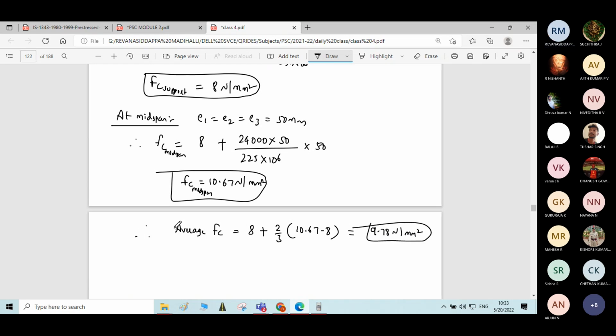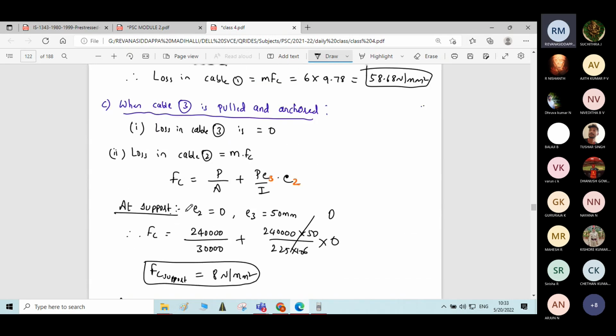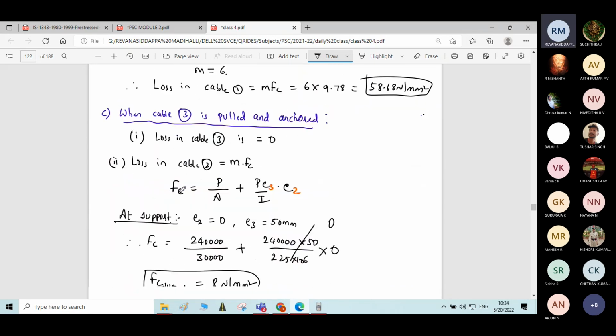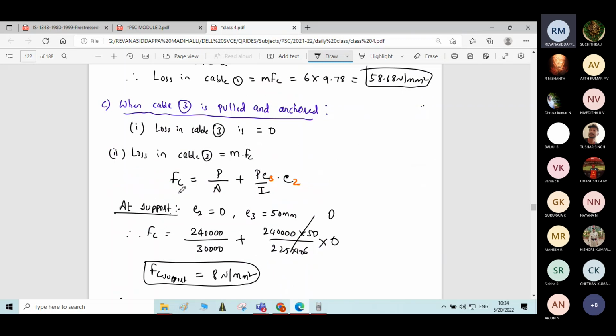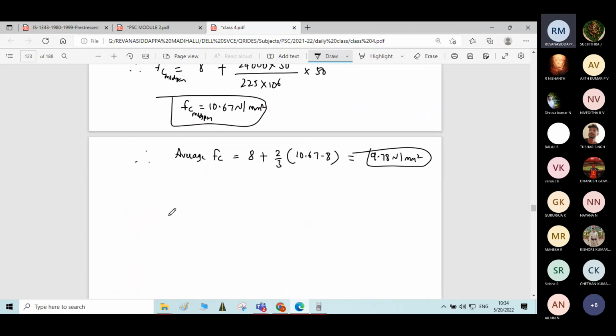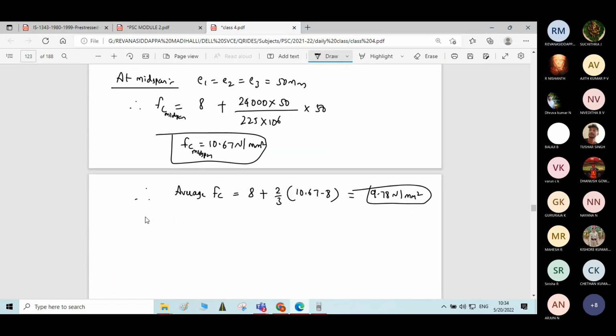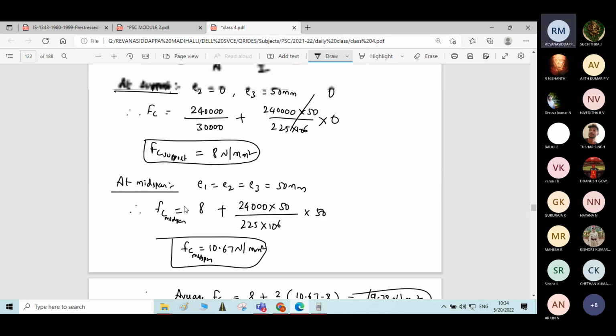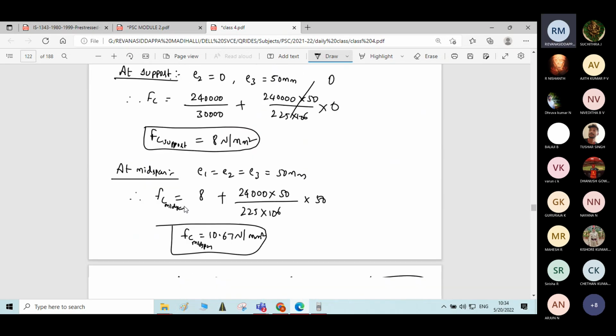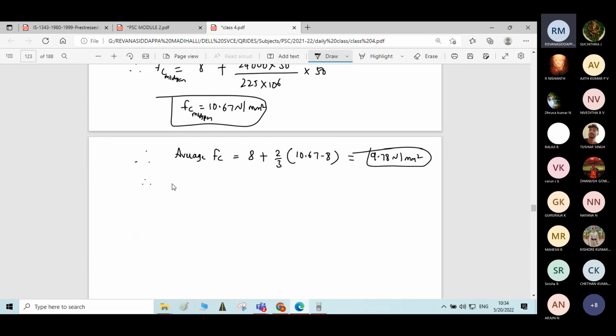Okay. Now, when cable 3 is pulled, loss in cable 2. Loss in cable 2 is equal to M into FC, 6 into FC, which is 9.78.